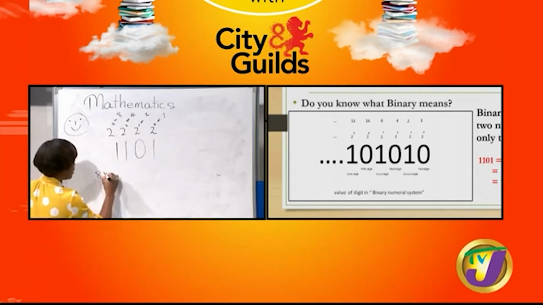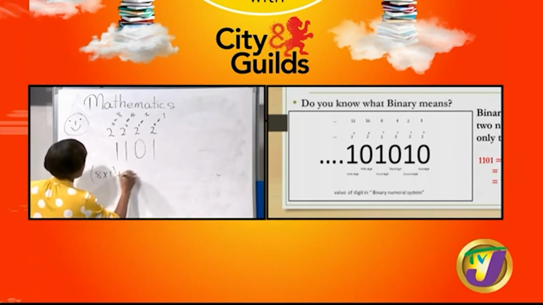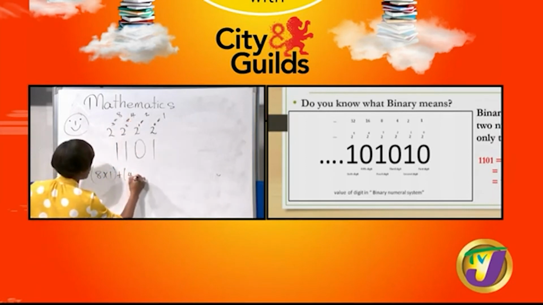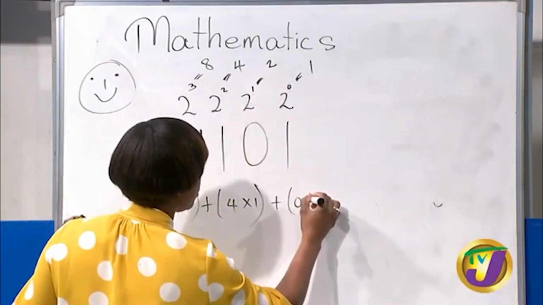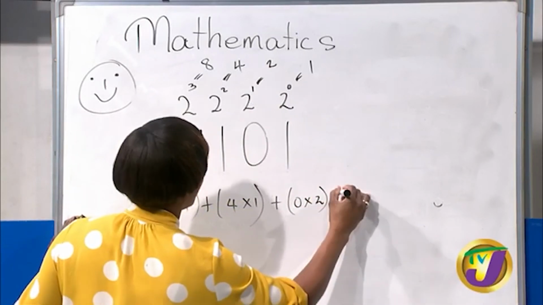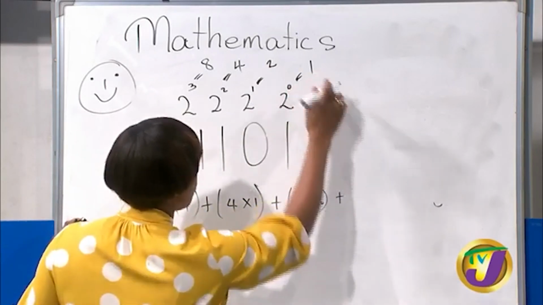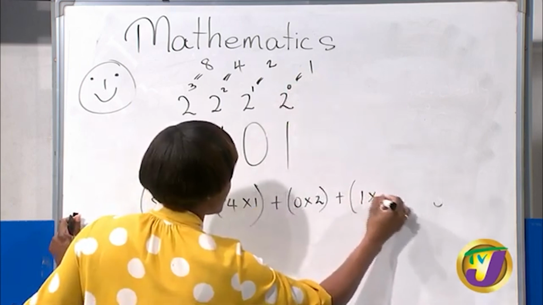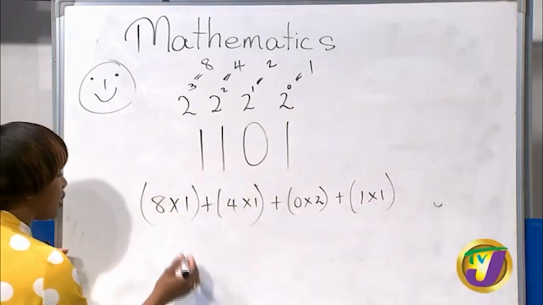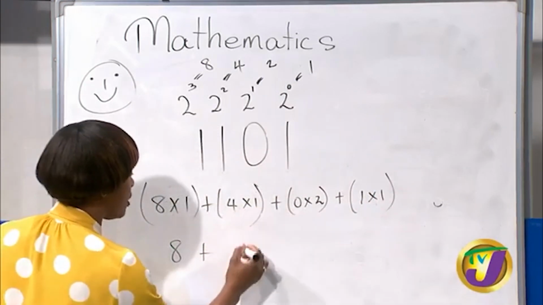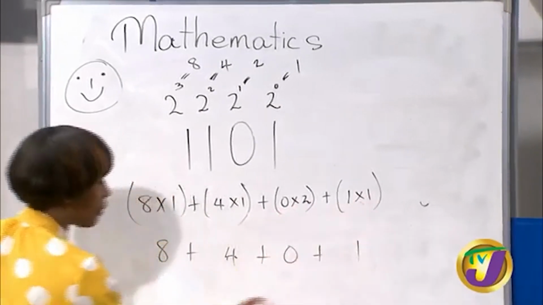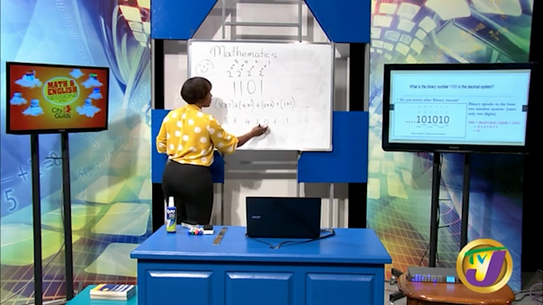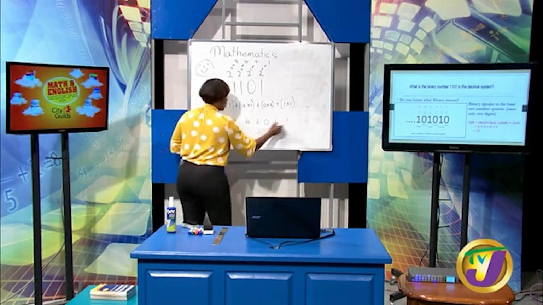So it's 8 multiplied by 1 plus 4 multiplied by 1 plus 0 twos, and then the last one would be 1 times 1. 8 times 1 is 8, plus 4 times 1 is 4, plus 0 times 2 is 0, plus 1. So we have 8 and 4, that's 12, 12 and 0 is 12, 12 and 1 is 13, as you can see there.